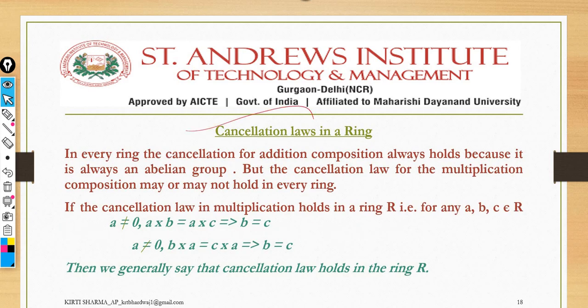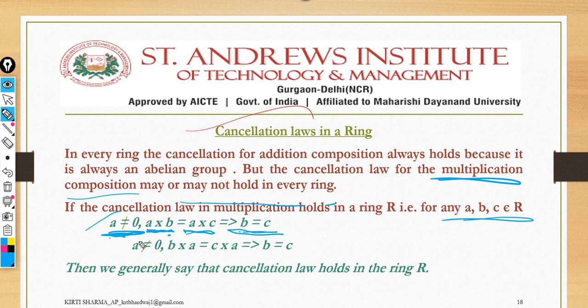Next, there are some cancellation laws in a ring. What are those cancellation laws? They are simple properties. We have already studied in set theory that the multiplication composition may or may not hold in every ring. If a is any non-zero element that belongs to R, and a, b, c all belong to R, and you apply an operation, like multiplication, a with b and a with c, then of course b should equal c.